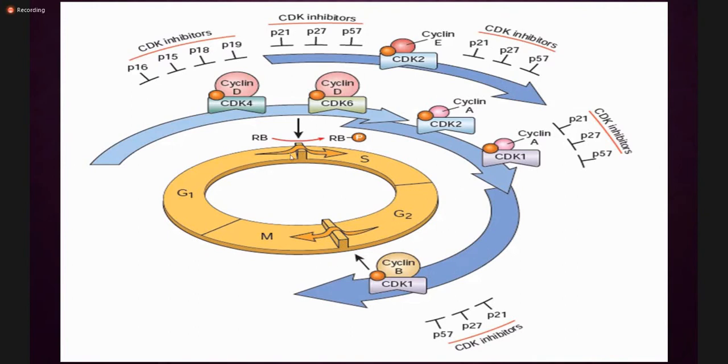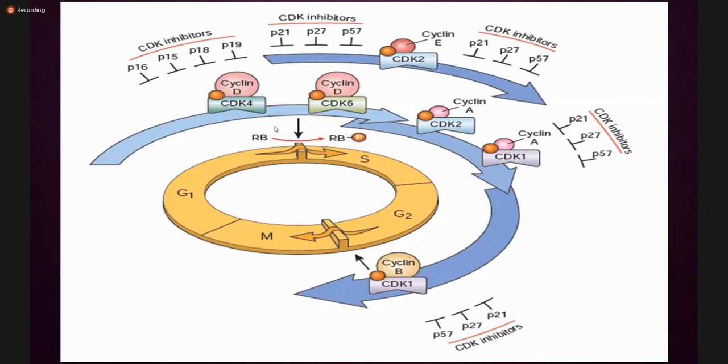These checkpoints are tightly regulated to prevent any mutated cell from undergoing cell division. The first checkpoint, G1 to S, is regulated by the retinoblastoma protein, which you will remember is coded by the retinoblastoma gene, which is mutated in retinoblastoma tumors of the eye and was discovered in that way.